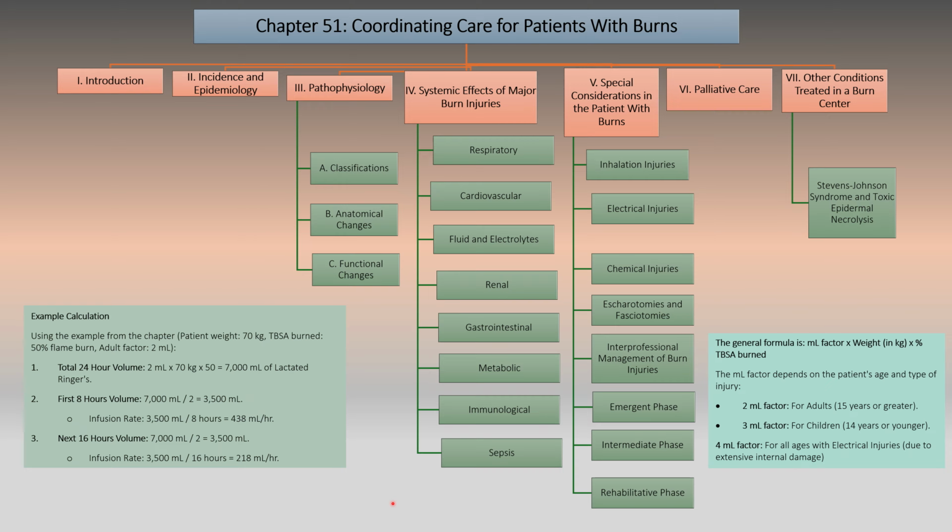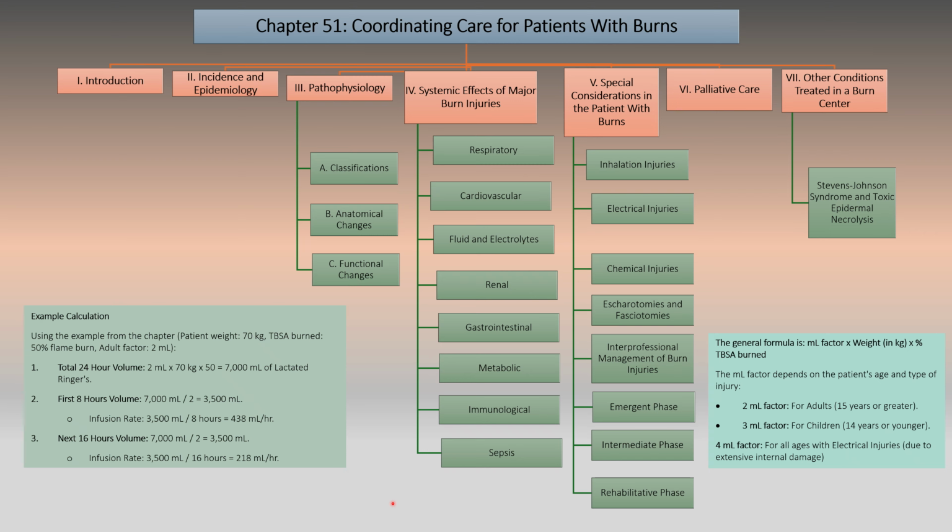In the immediate phase, focus shifts to wound closure. Autograft is the ideal permanent cover, and ensuring optimal nutrition. Early NG tube is highly recommended due to the hypermetabolic state.